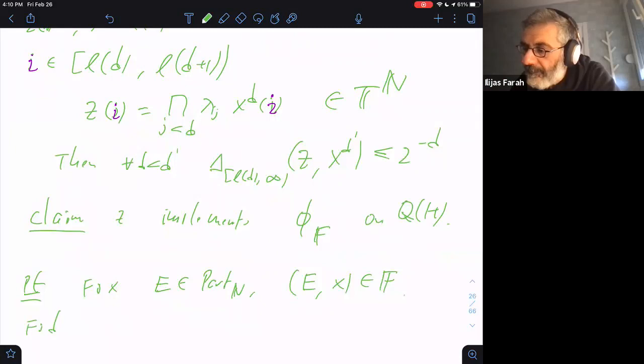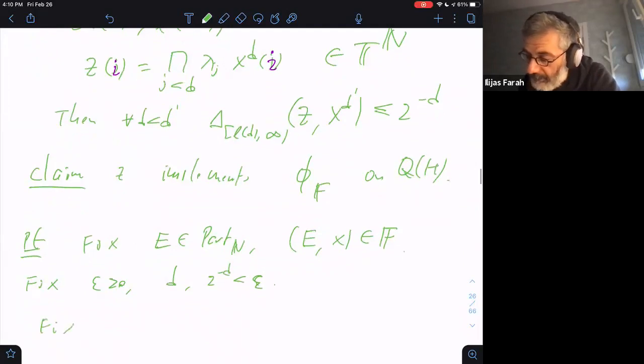All right, now also fix epsilon greater than 0 and fix d such that 2 to minus d is less than epsilon. D is big enough.